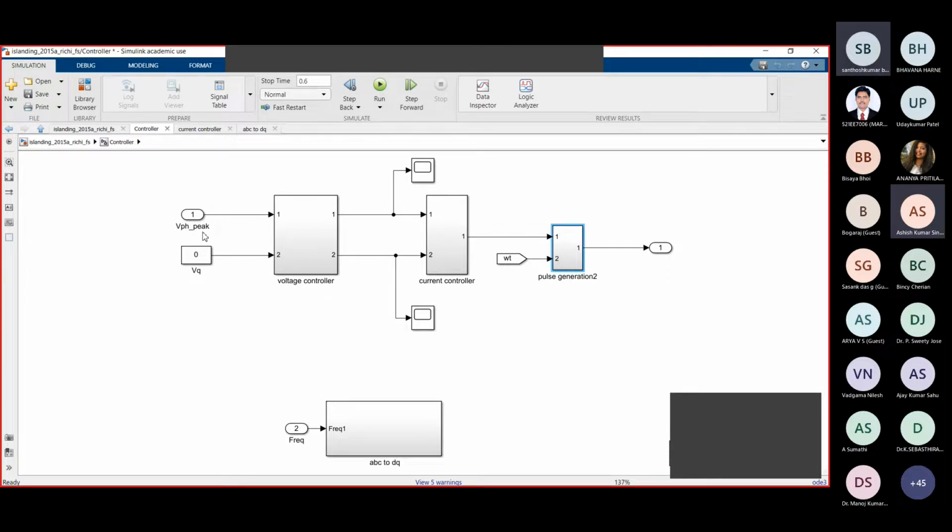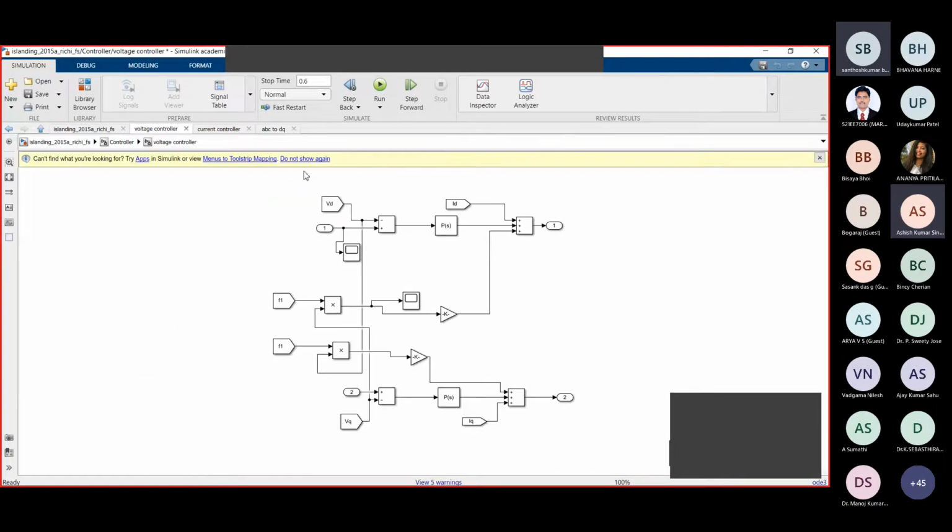So you can take any VD and VQ from that equation. But for simplicity I am considering VQ is 0 and I am giving VD as the actual reference value, that is 100, and the VQ reference is 0.